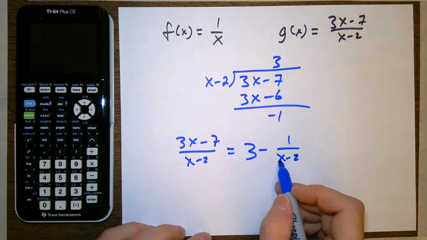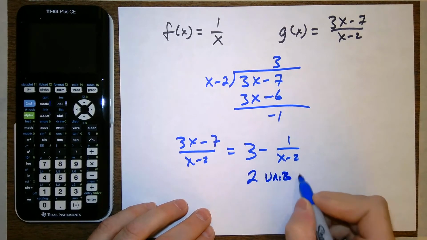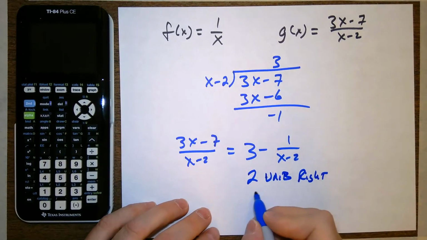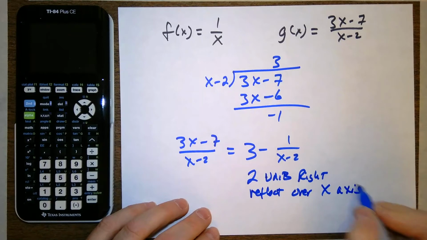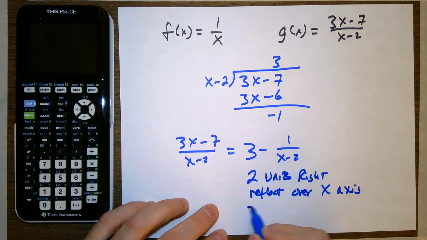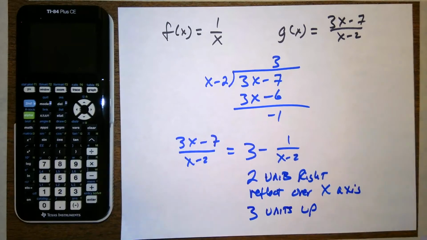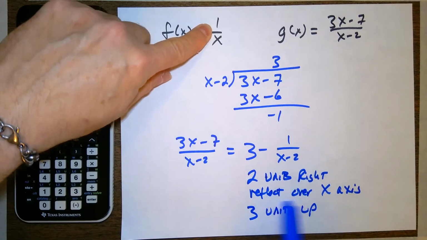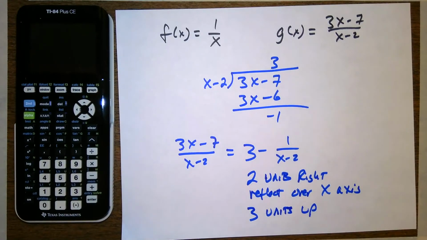So in order, it's 2 units to the right, followed by a reflection over the x-axis, and then finally translate it 3 units up. So if I take 1 over x, move it 2 units to the right, reflect it over the x-axis, and then move it 3 units up, I will have the same thing as that function right there.